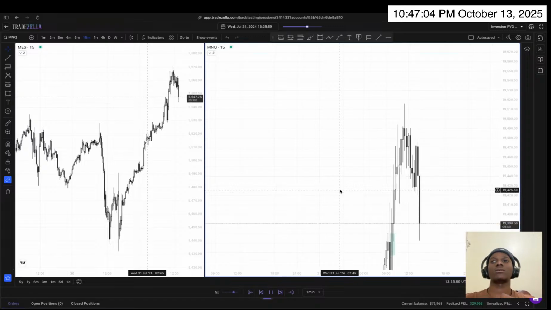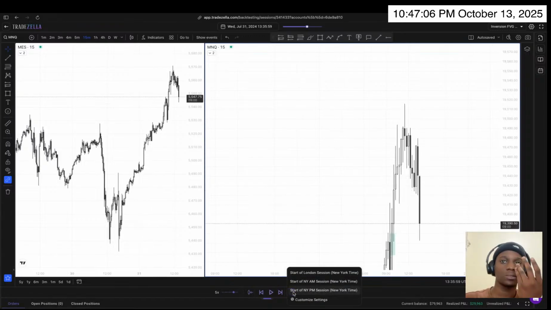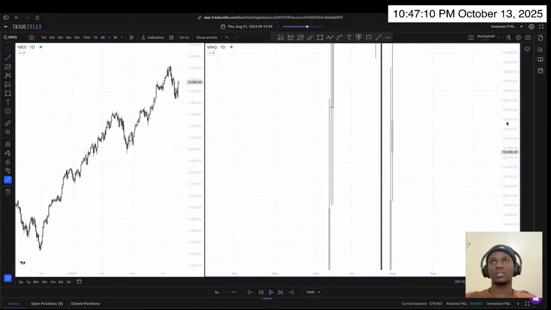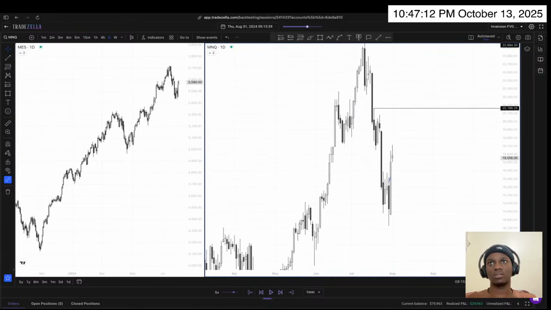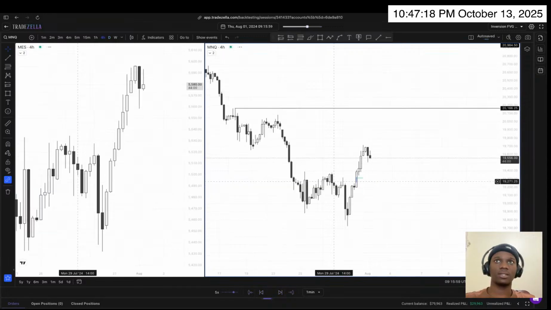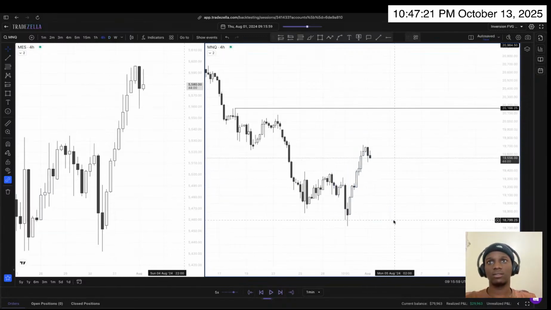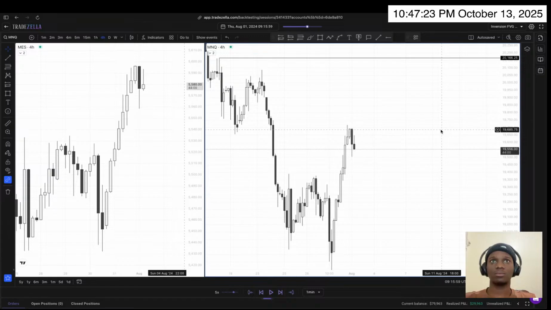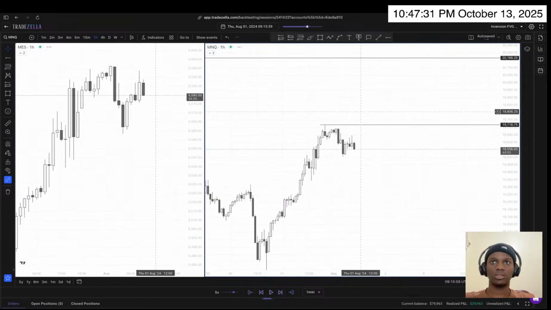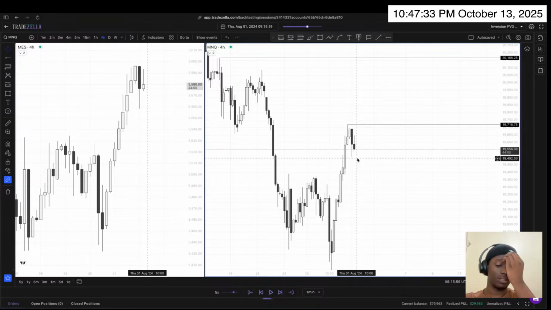Ends up not hitting that 4 hour high, but it's looking good. Daily, I think it's still bullish. I still think we're bullish. So now when we check the 4 hour, we have a fair value gap here.